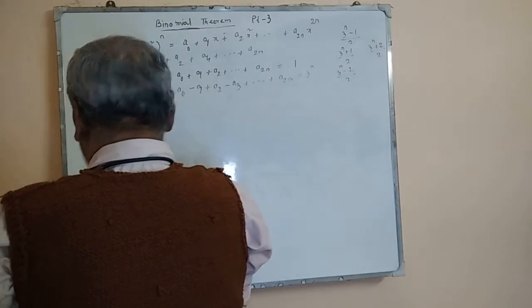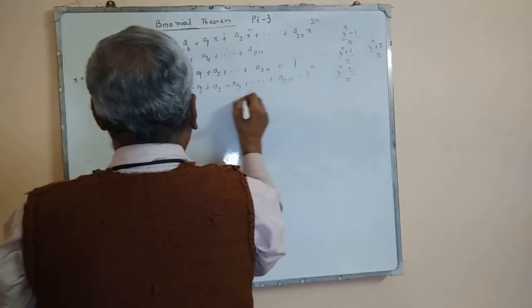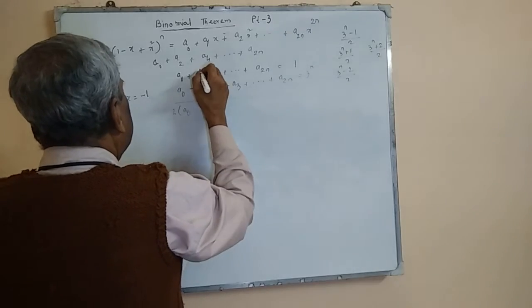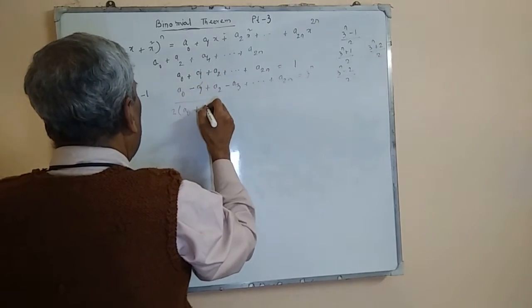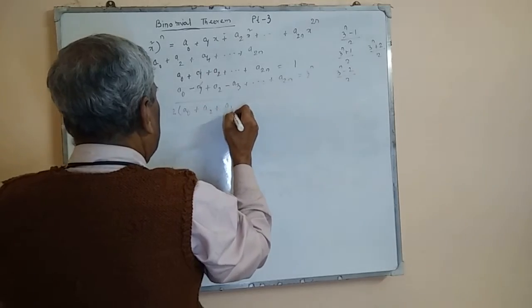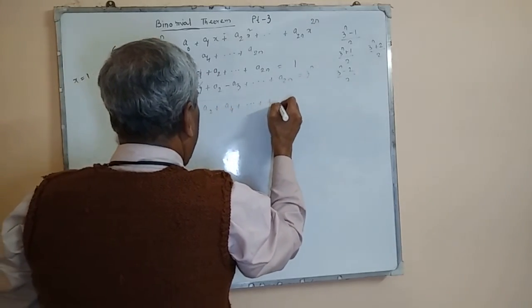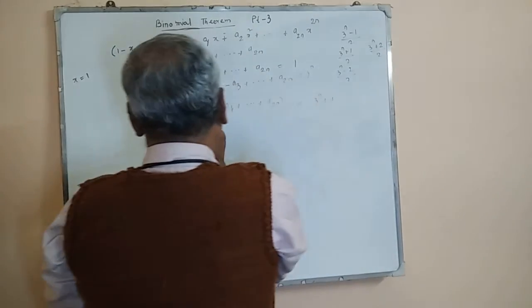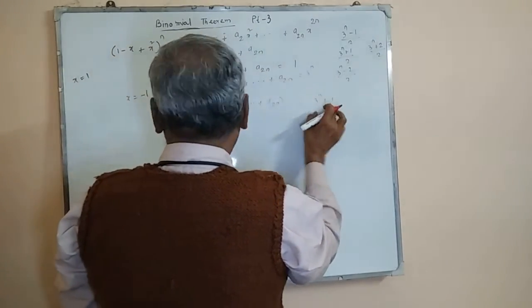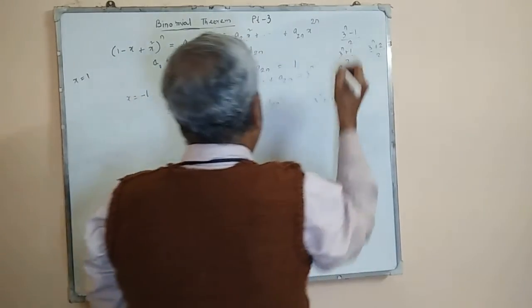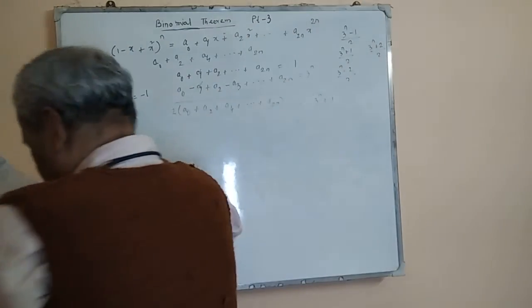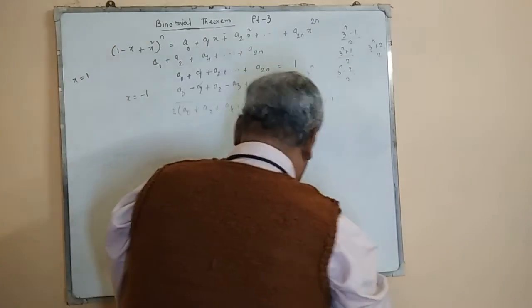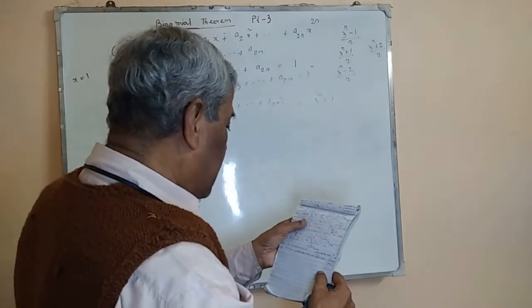Therefore, adding these two, 2 into a0 plus 2 into a2, 2 into a4 up to 2 into a2n is equal to 3 to the power n plus 1. So the required answer is this divided by 2. So this one is our correct option. My next problem.